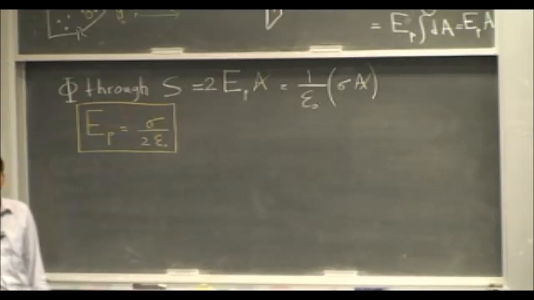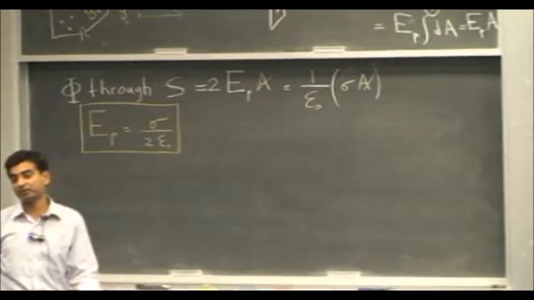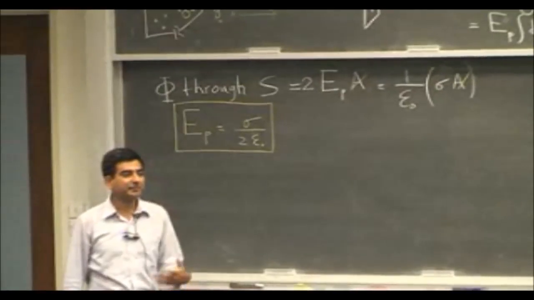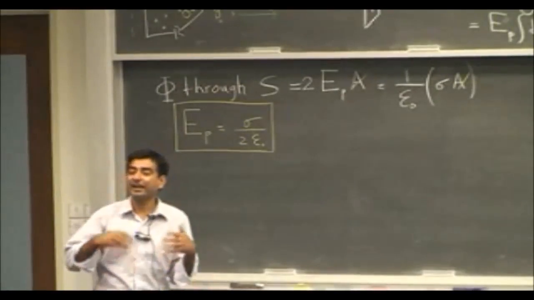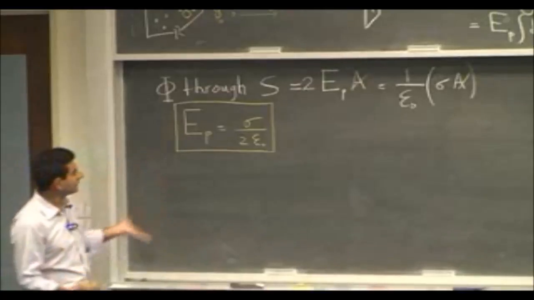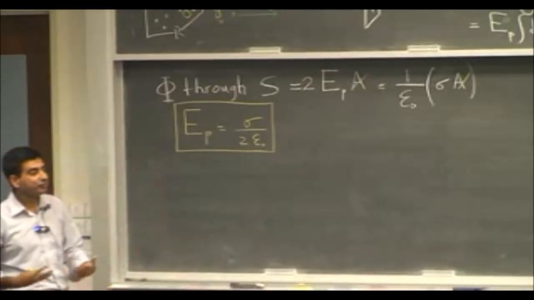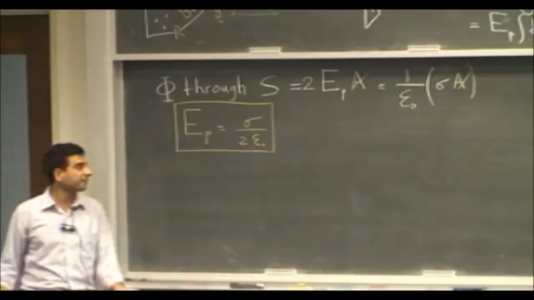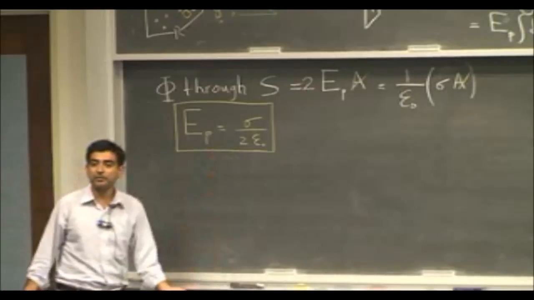Now does this electric field depend upon how far you are from the sheet? No, it doesn't. This is something quite surprising at the outset. At first you look at this result and it seems very surprising, because you're moving further and further away from the sheet, yet the electric field still remains constant. It's sigma over 2 epsilon naught.